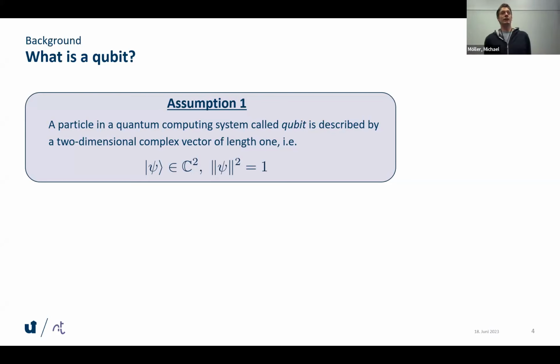So the first thing you are probably familiar with in a classical computer, the smallest piece of information we represent is a bit, and a bit can have 2 values, 0 or 1.